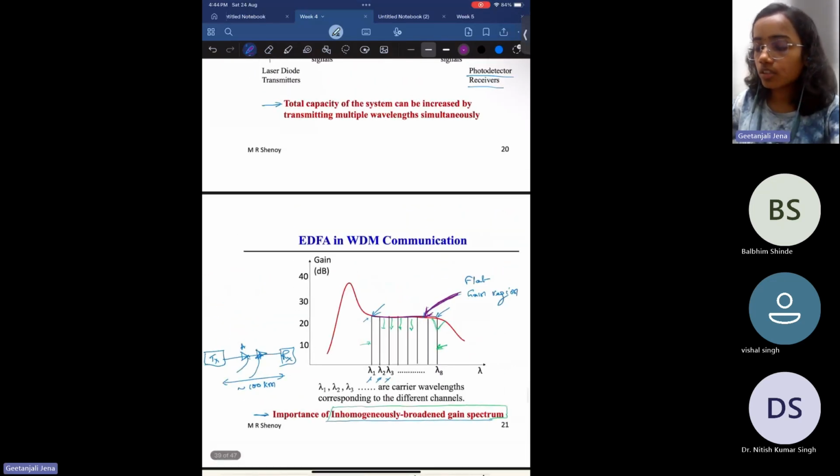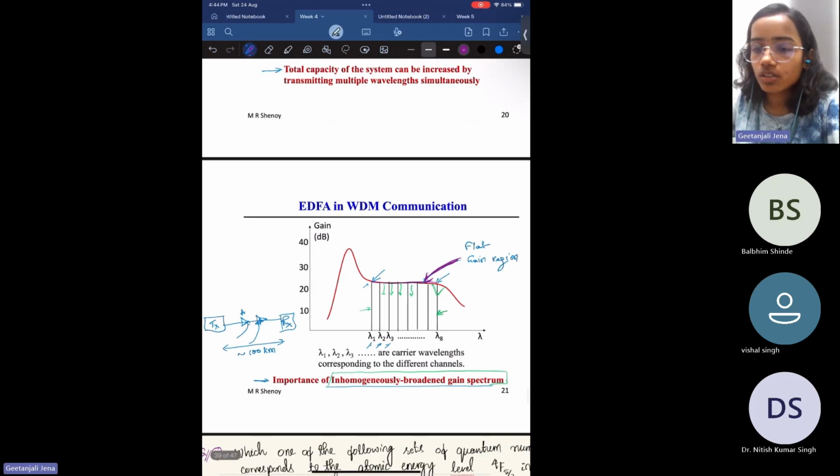So this is all about the gain medium. Previously we went through the NDR laser, then we talked about EDFA. So this is all about the gain medium that we can use in a laser system. Next we'll discuss the resonator, which is used as a feedback circuit for the amplification process.